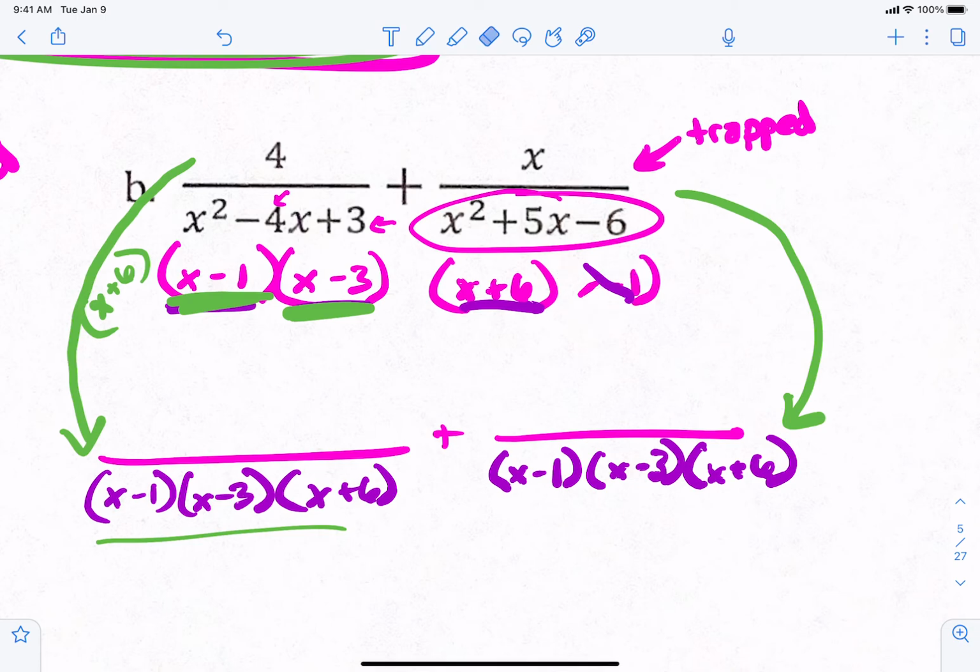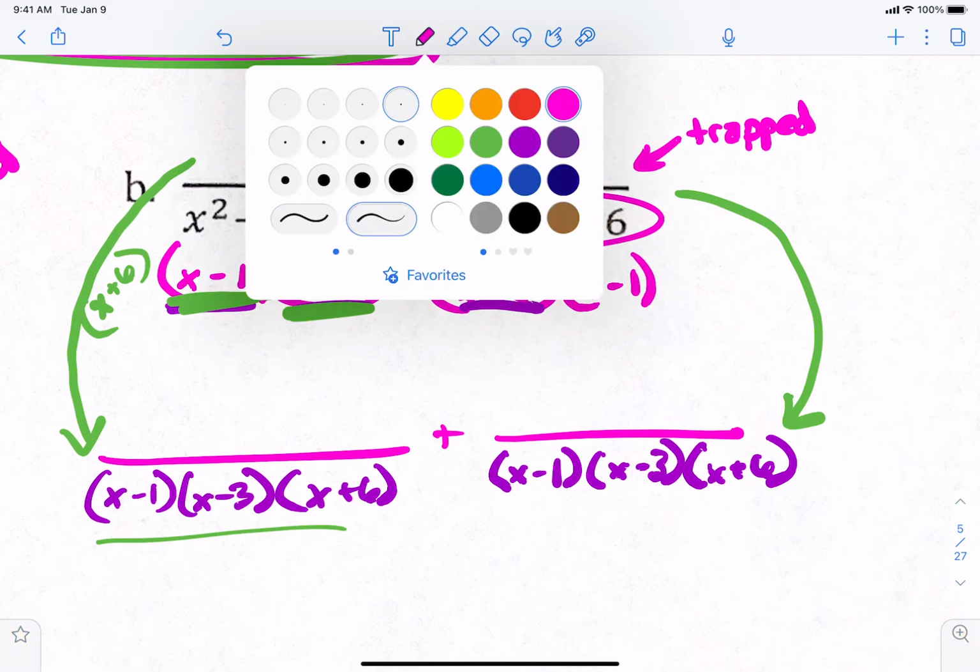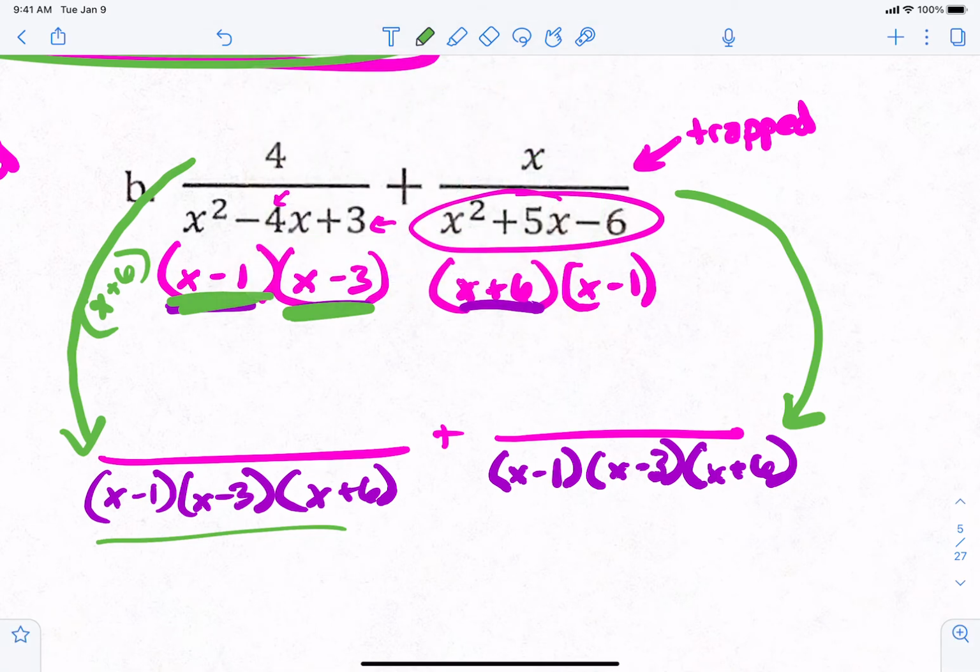That is an X minus 1. Okay. So what do we need to multiply him by? X minus 3. He needs an X minus 3, yeah? Okay? Does that make sense?